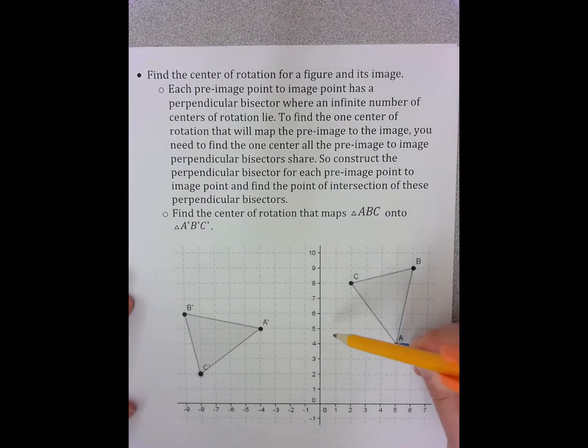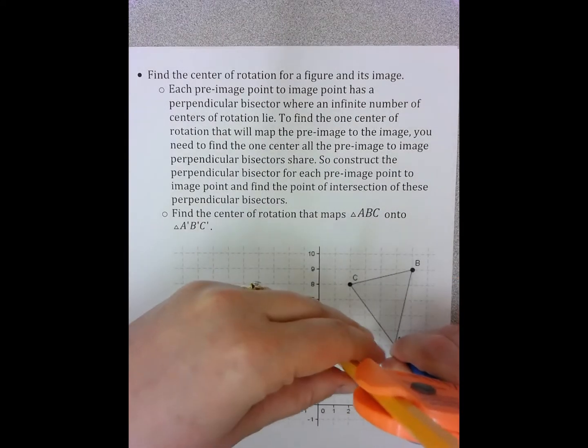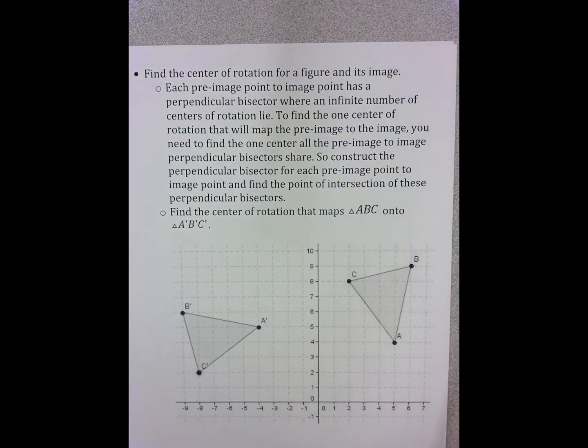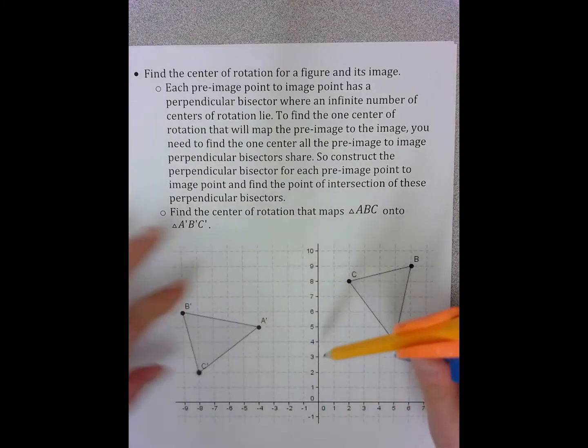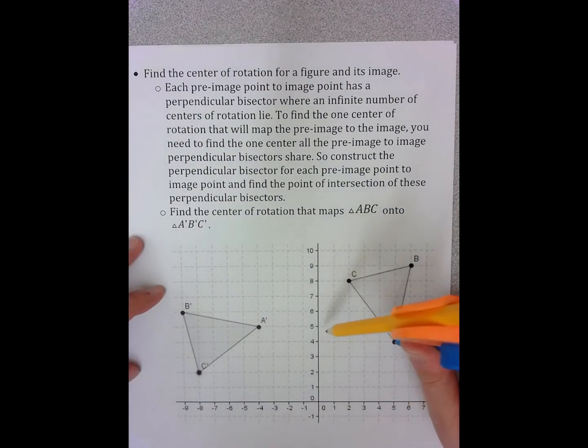I'm also going to place my stylus as much as I can at the center of dot A, because the dots on this picture are big. Where I put my stylus is going to make a difference in terms of the precision that I get. I'm going to make sure it's open more than halfway.